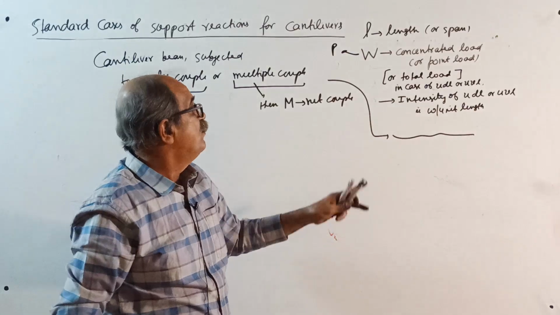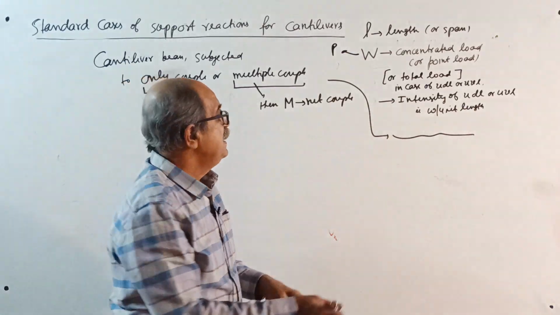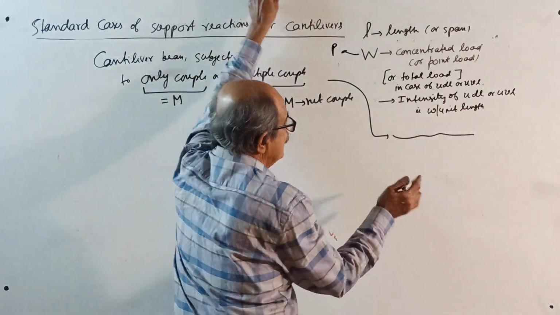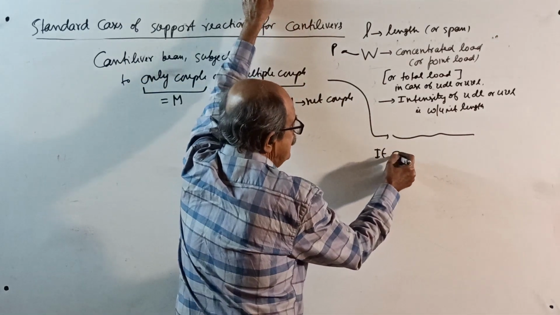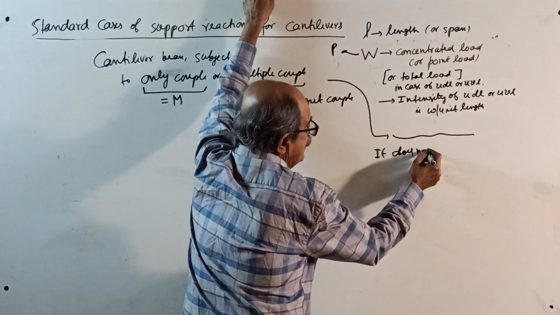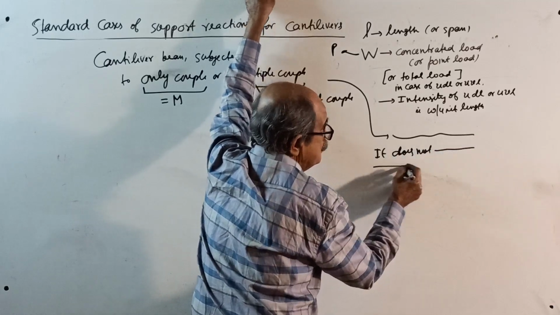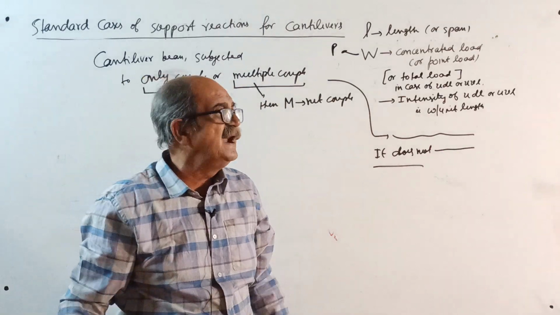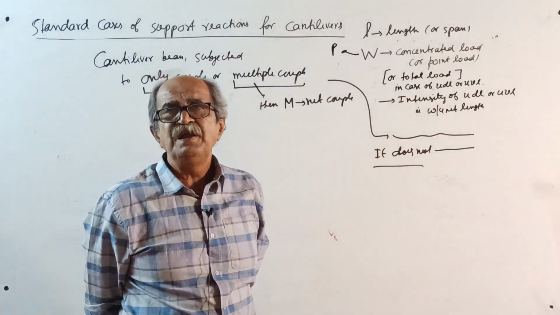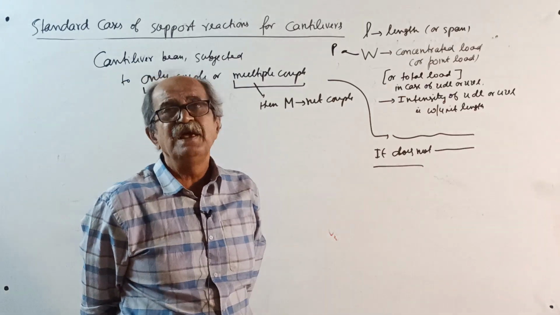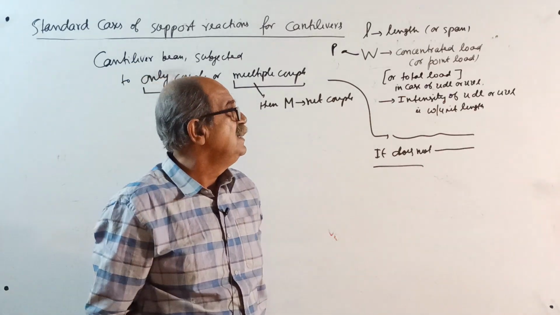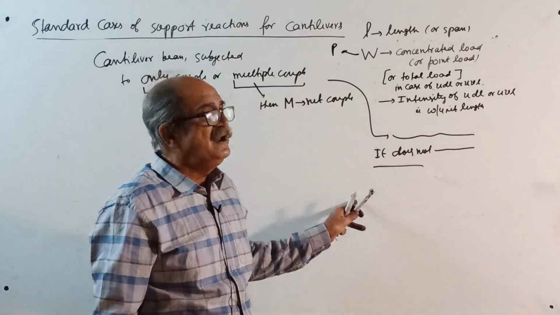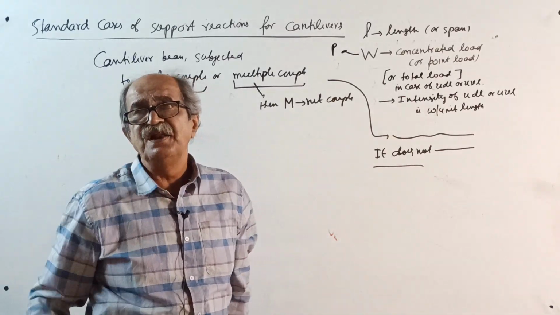And for support reaction, it does not matter where the couple is. Couple can be anywhere. It can be at the free end, in between, somewhere there, somewhere here, anywhere. But remember, that is only for support reaction.